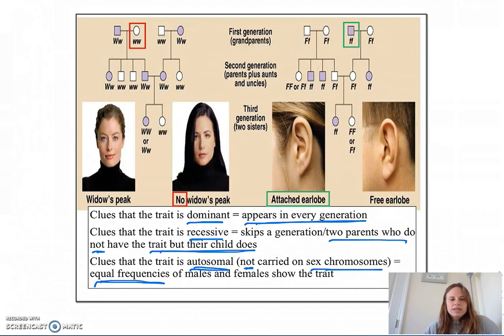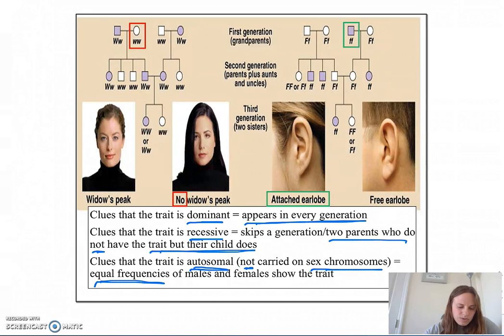So let's take a look at two examples. The first one is widow's peak, and the second one is attached earlobes. In this example, we've already been provided with the key. They're telling us that a widow's peak is a W. Whether or not it's a capital W or lowercase w, we don't know yet.